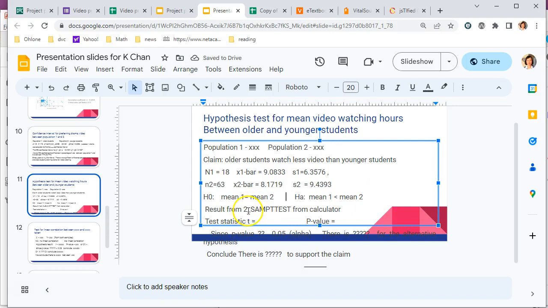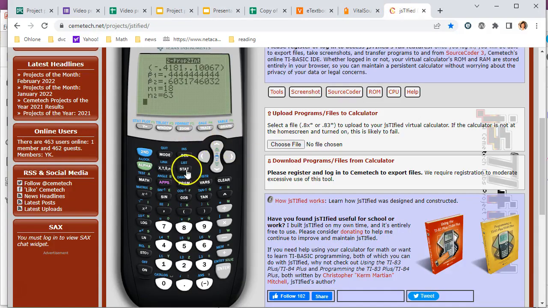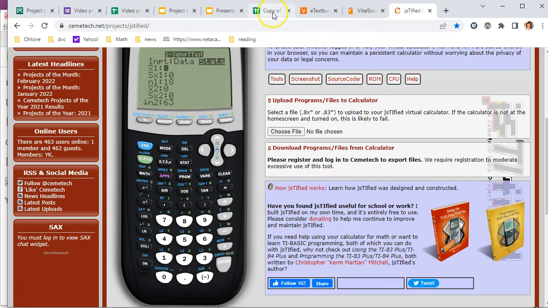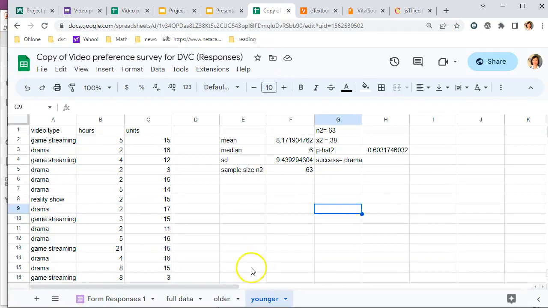Results, and then we do the two-sample t-test. We don't want to use data, because otherwise we'll have to enter a lot of data in our calculator. Oh well, we have to enter these again. Have to switch back and forth again. I hate doing that.